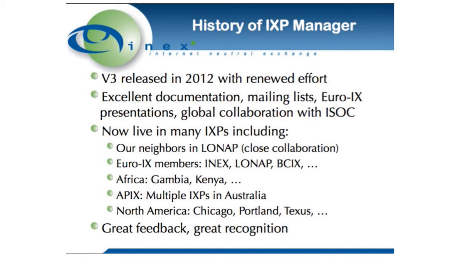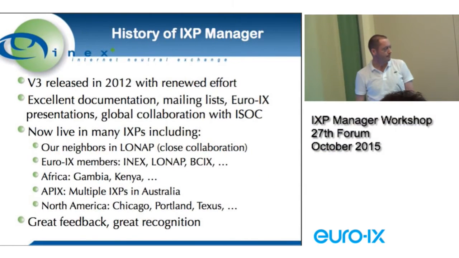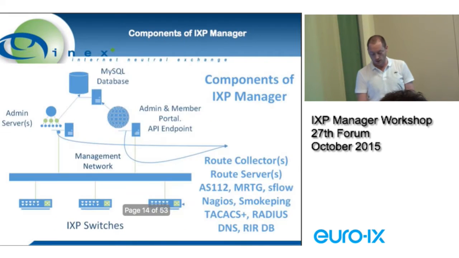This is quite old. I don't know what the current count is, Nick did a count there, and I think it's about 25 IXPs using IXP Manager at this stage. And for INEX, we've gotten great feedback, particularly for the committee who made the decision to allow us to put in the time and effort and resources in open sourcing it. We've gotten great recognition from it as well, which helps underwrite their decision there.